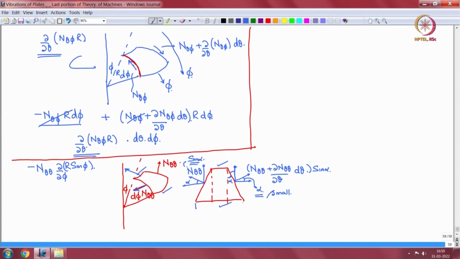This length now is r times sine of phi plus d phi d theta.